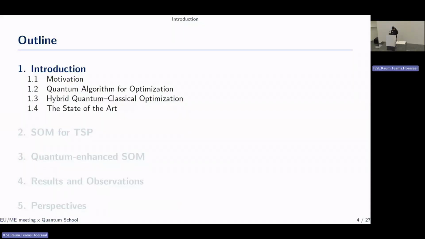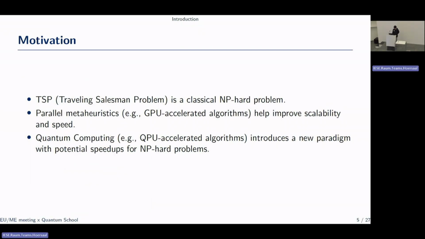So let's get started. The traveling salesman problem, or the TSP, is a well-known classical NP-hard problem. And because of its computational complexity, solving large instances efficiently is extremely challenging. To improve the scalability and the speed, parallel meta-heuristic approaches have been used widely.